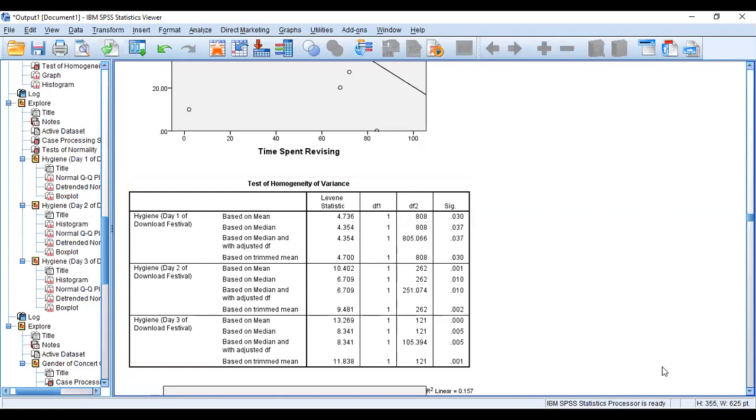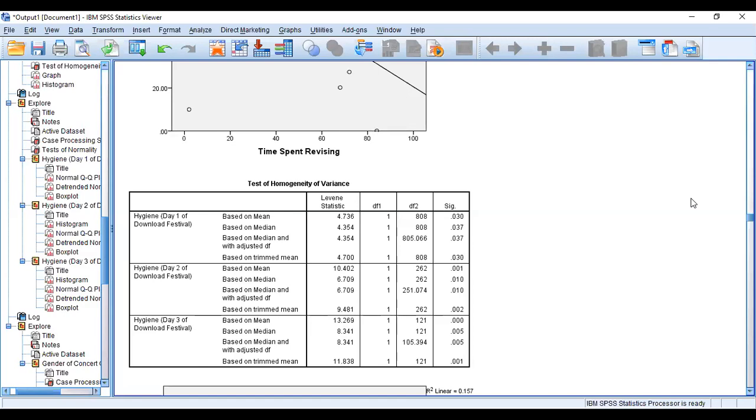Now the case is, if our data is not normal, not homogeneous, then what should we do? If our data is not normal or not homogeneous, then we have three methods to correct our data: log transformation, square root transformation, and inverse transformation.